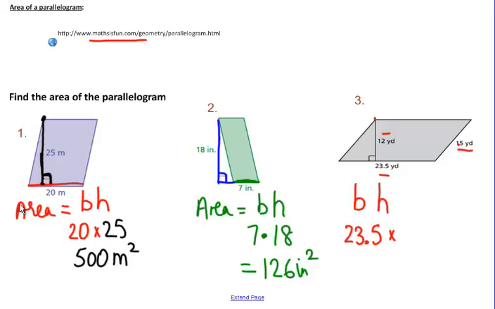Height is from the vertex straight down. Or you can also remember it as, if you're standing to take your height, you never stand at a slant like this. You always stand up nice and tall. So 23.5 times 12, and your answer, if you go ahead and multiply, is 282. Again, my units are square yards, or yard to the power of 2.